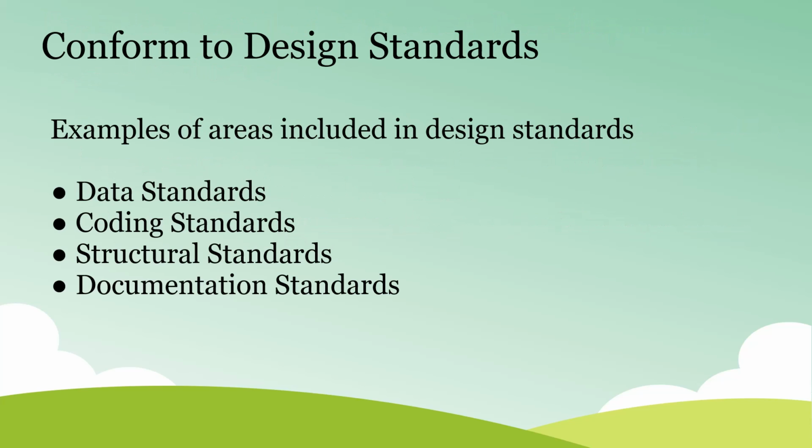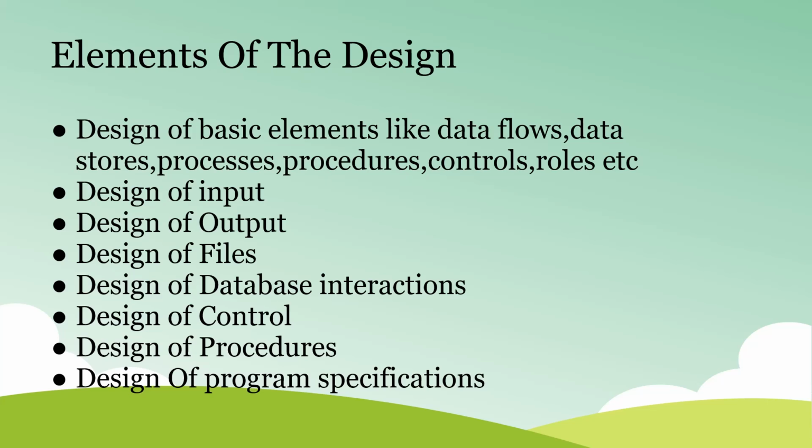The next objective is to conform to design standards. Examples of areas included in design standards are data standards, coding standards, structural standards, documentation standards, etc. Now let's look at the elements of the design.